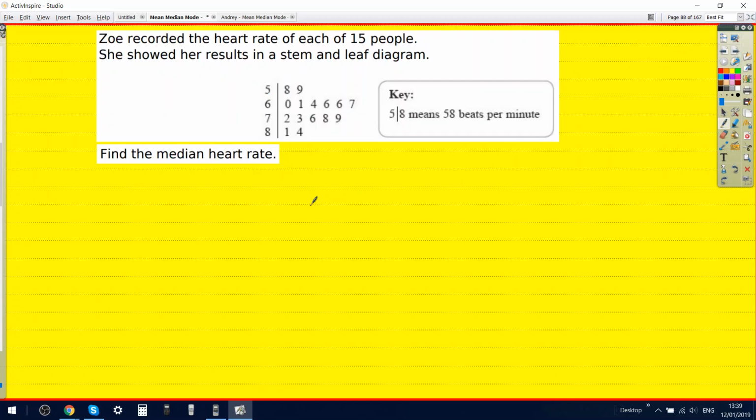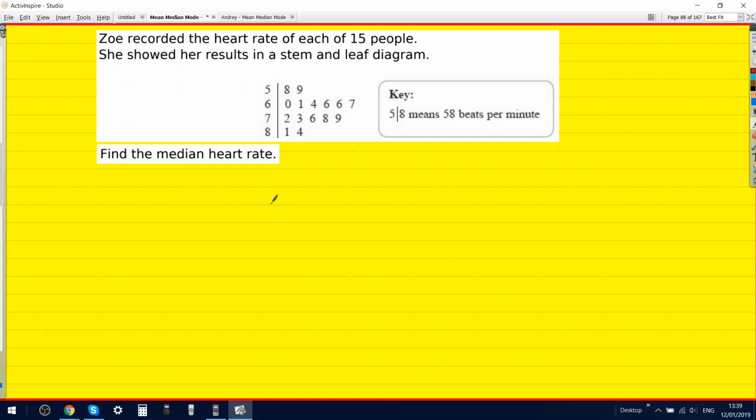Okay. How do you find the median heart rate? Zoe recorded her heart rate for each of 15 people. She showed her results in a stem and leaf. 5:58 means 58 beats per minute. So you add how many numbers there are.